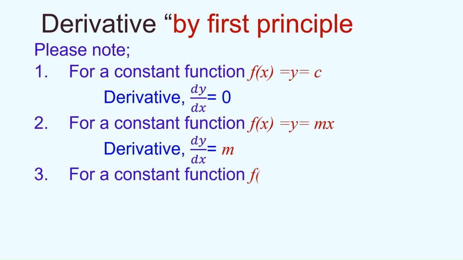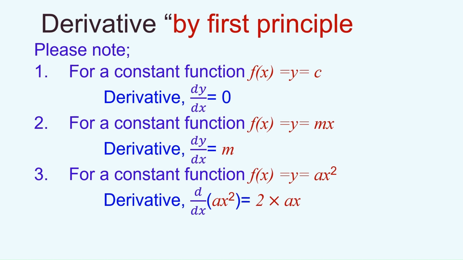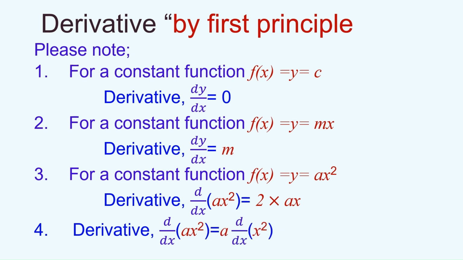For the function f(x) = y = ax squared, the derivative d/dx of ax squared equals 2 times ax, since d/dx of ax squared equals a times d/dx of x squared equals a times 2x equals 2ax.